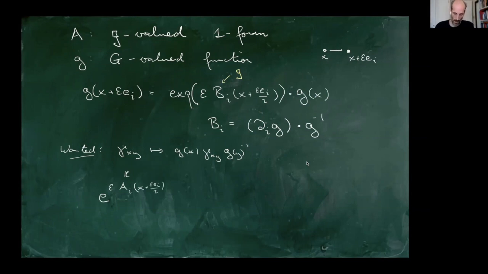And so I want this to transform into g of x times the gamma xy, which is epsilon a_i and so on. And then g of y inverse, but g of y is this guy here.